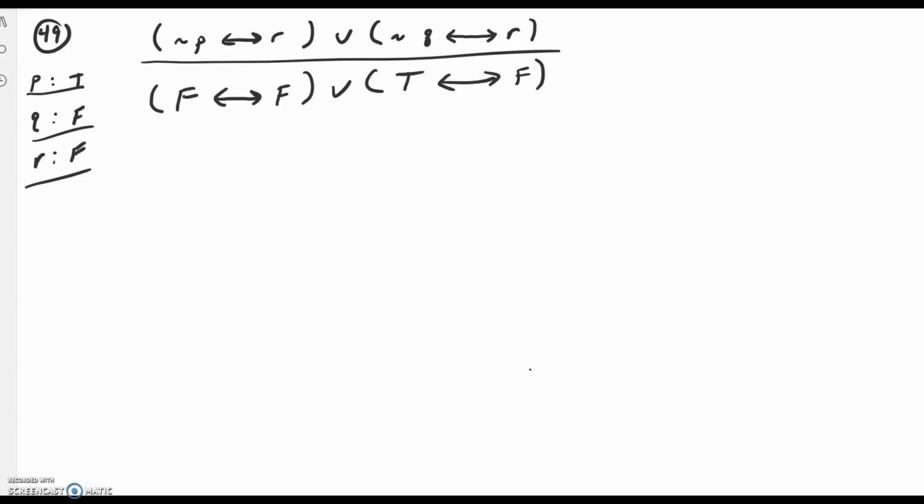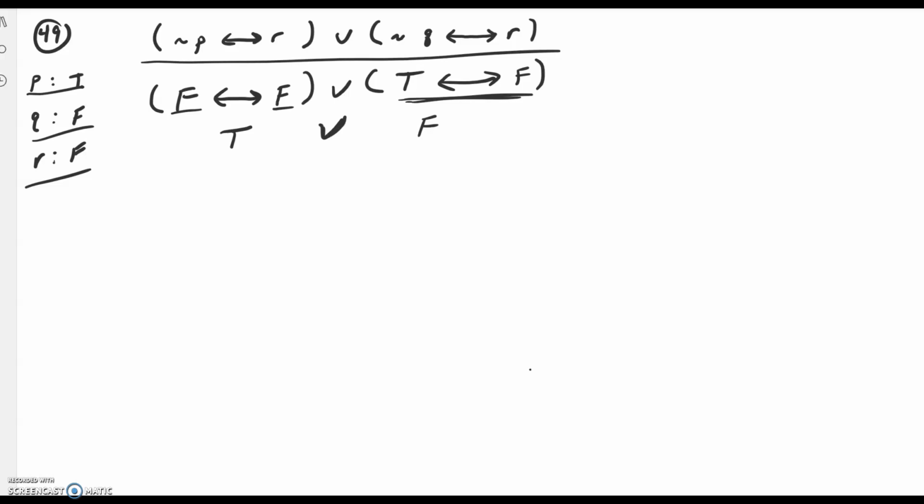Now, these biconditionals are kind of easy to remember. They're true when both sides are the same, and they're false when both sides are different. Kind of like multiplying two negative numbers. So here both sides are the same, so this biconditional is true. Here both sides are different, so this biconditional is false.